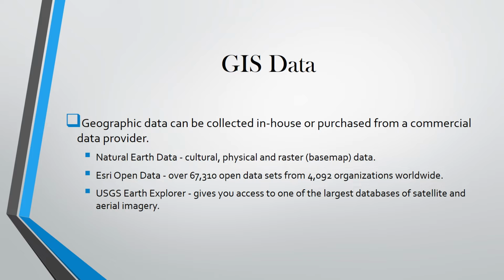Each offers a different set of data. Natural Earth covers culture, physical, and raster base map data. Esri has 67,000 open data sets from many organizations worldwide, and USGS Earth Explorer gives you access to one of the largest databases of satellite and aerial imagery.